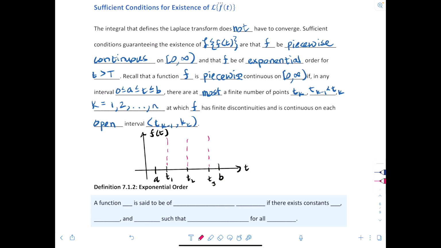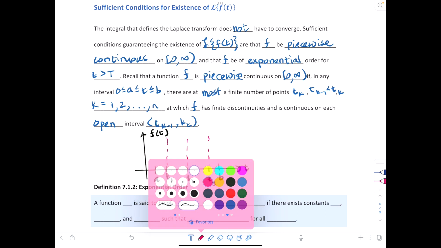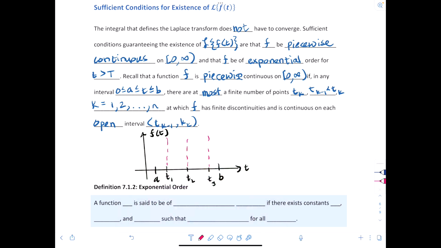So in this example, I've got some jump discontinuities. So you're starting at 0, and let's say you're going down all the way to that discontinuity, and then you've got to jump up, and then let's say it goes up here, and then down to B. And keeps going.